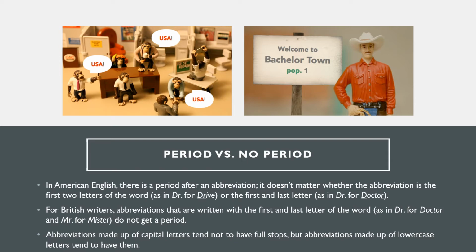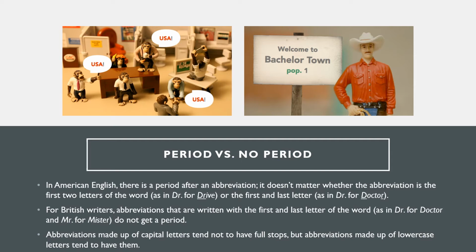So it doesn't matter if the abbreviation is the first two letters of the word or the first and last letter of the word, there is always a period after the last letter. For British writers, the abbreviations that are written with the first and last letter of the word do not get a period. So different from our American, Canadian English, the British do not use the period.